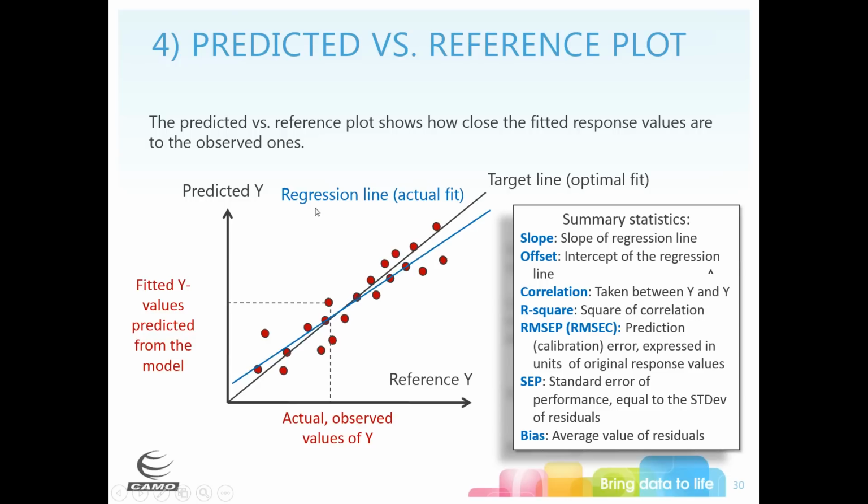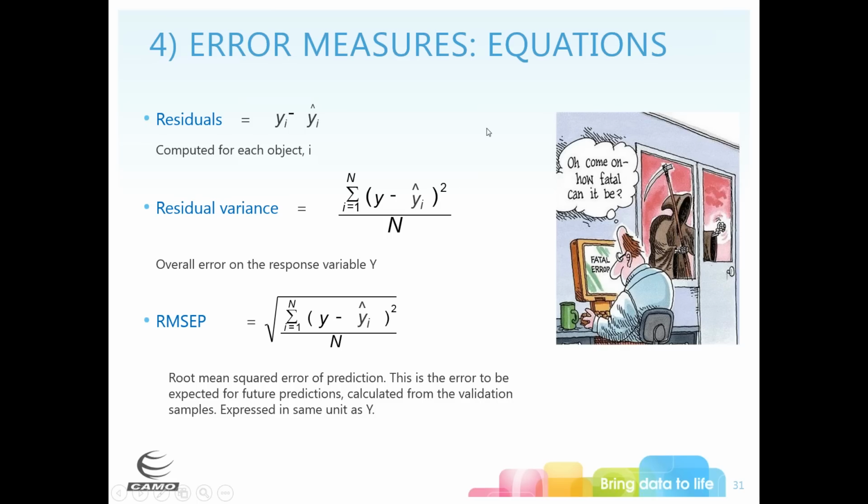The predicted versus reference plot shows how close the fitted responses are to the observed ones. That's where you get your regression line. And you look at your summary statistics: your slope, your offset, R-squared, RMSEs, and so on. So your error measures, the equations, they are your residuals.